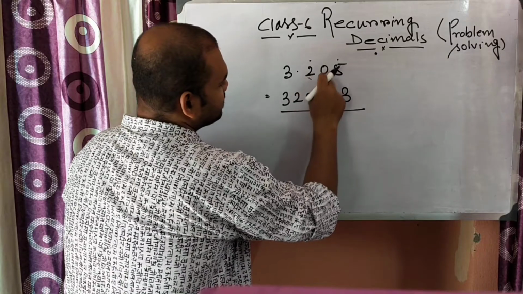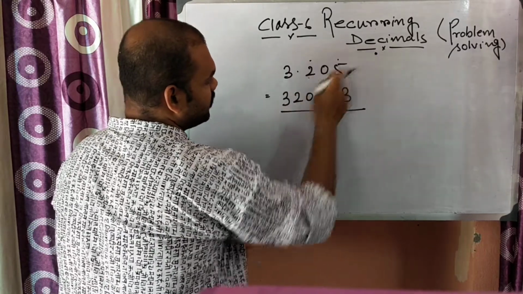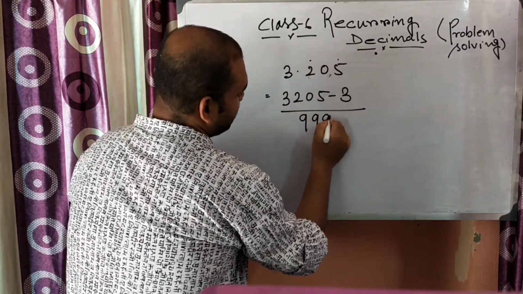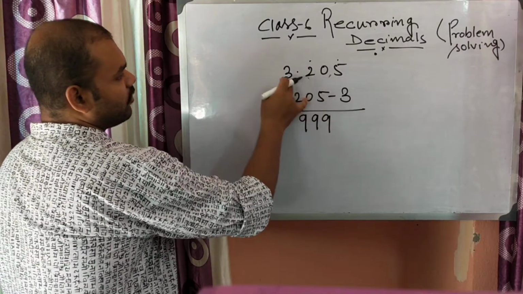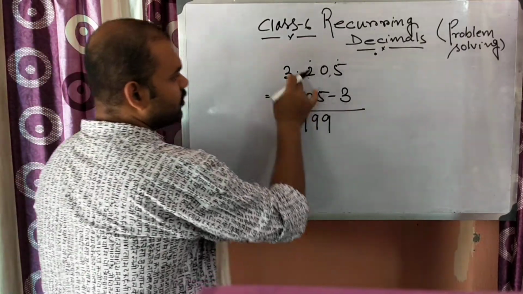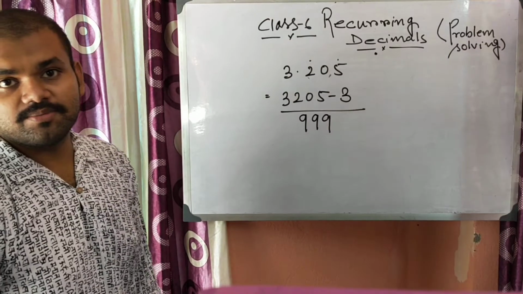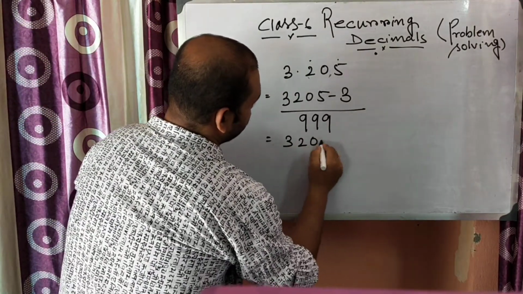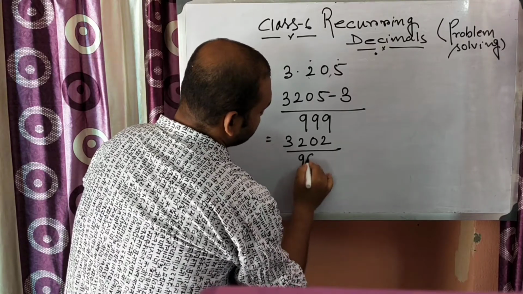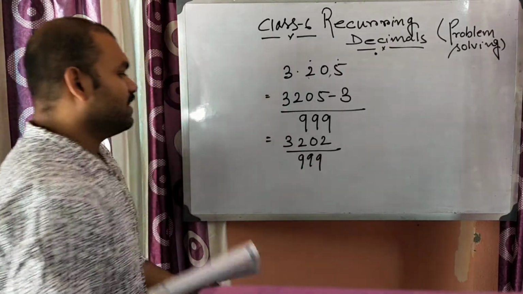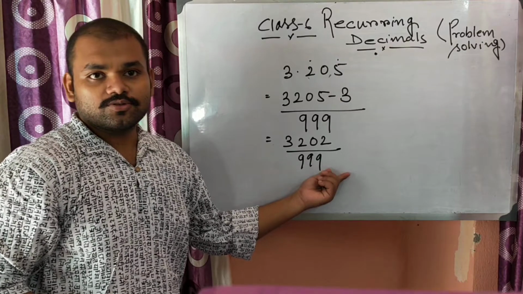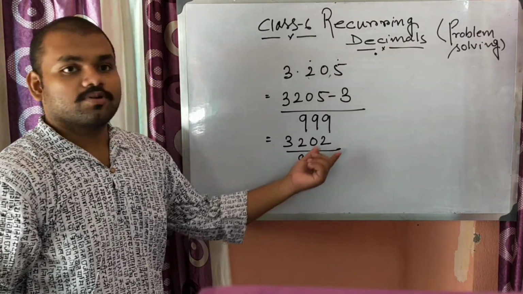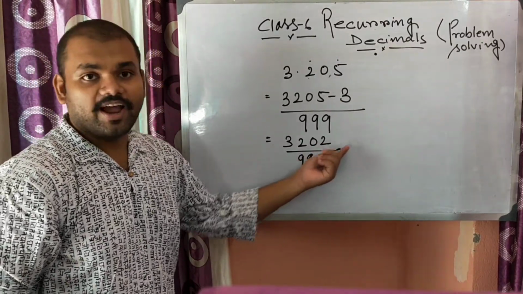Next we need to put, how many recurring digits are there? 3 from here to here, so put just 999. No zero will be there, because the non-recurring part is before the decimal point. So we can write 3202 divided by 999, and if it can be reduced, you will reduce it and find the answer.